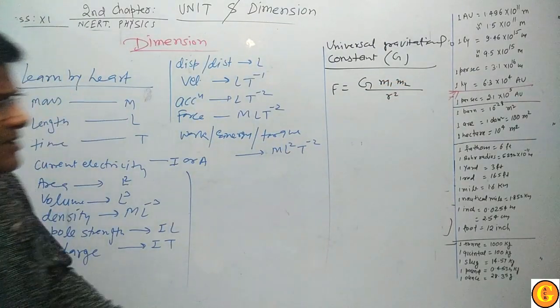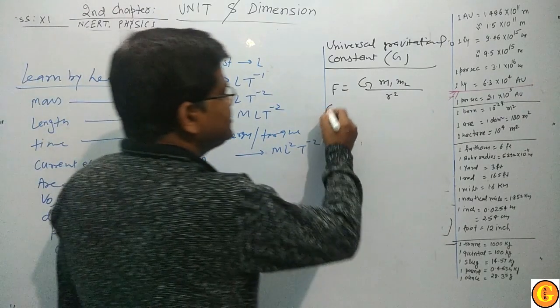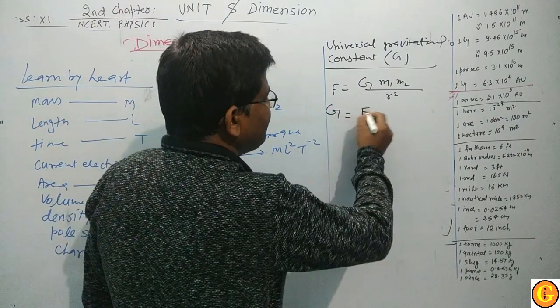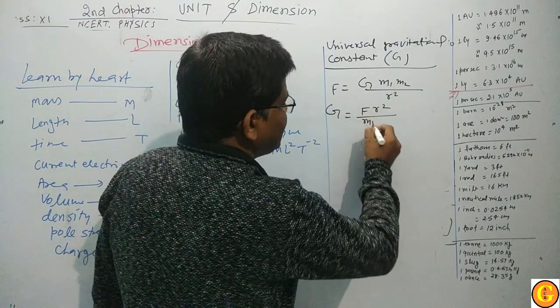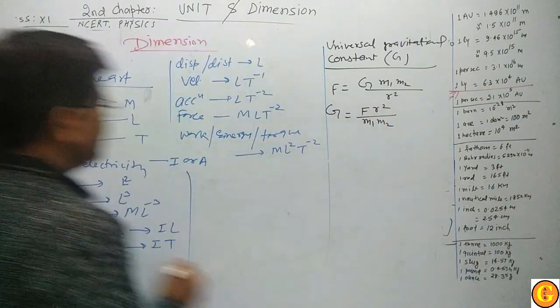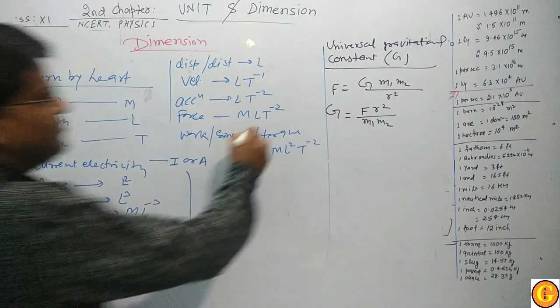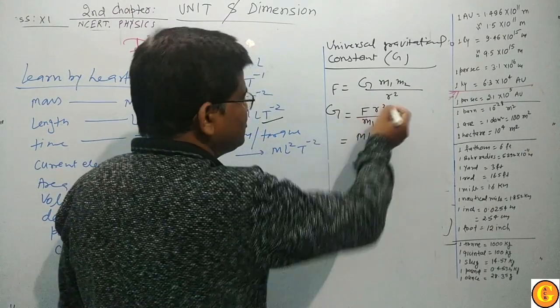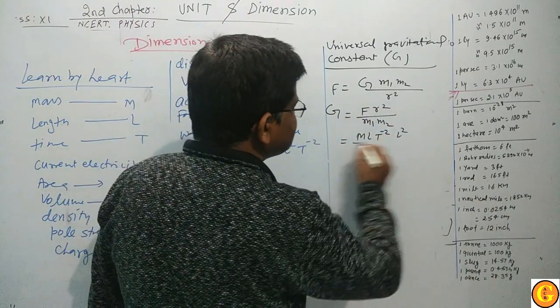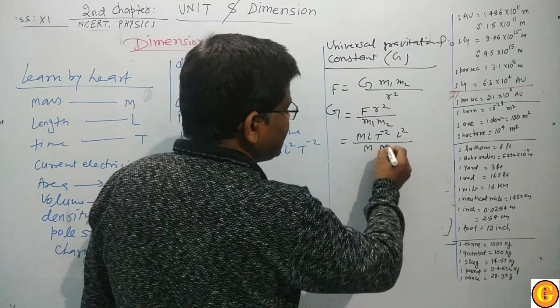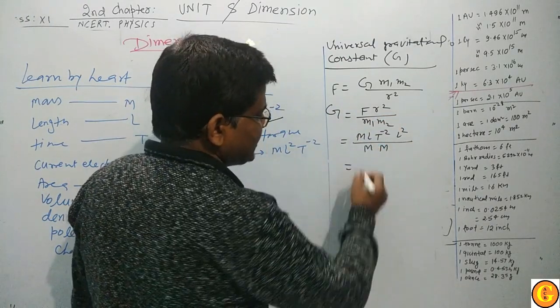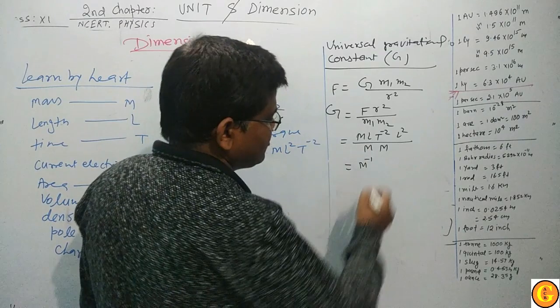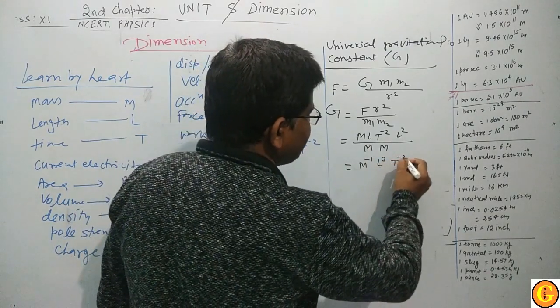I taught this in the first chapter. And this becomes G equal to F r square upon m1 m2. As you know, F is M L T^-2, so here you may write M L T^-2, r is distance, so L square, and m is mass, so m and m cancel out, then M^-1 L^3 T^-2.